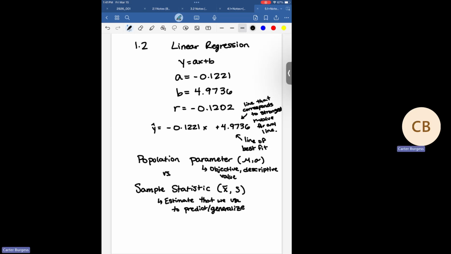We're not actually trying to use it to predict anything. We're just saying, hey, this is the mean. Or, hey, this is the standard deviation. There's nothing disputing that fact. If I tell you that mu is equal to 4, that means that the true mean of the population is equal to 4. Whereas if I tell you that x bar is equal to 3.5, that tells us that our guess for the mean is equal to 3.5.